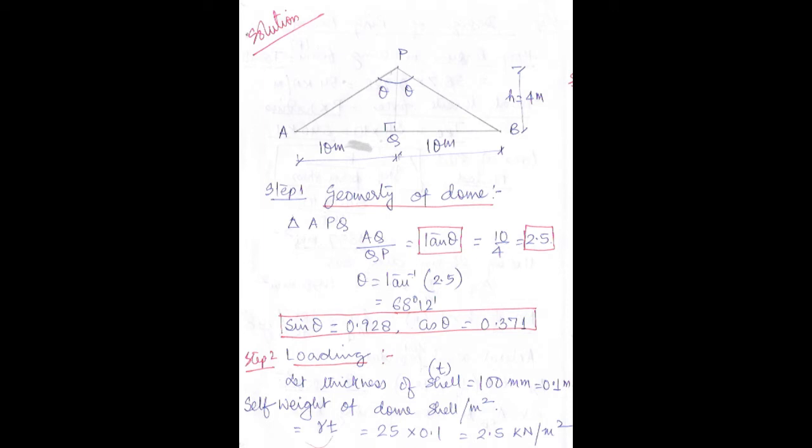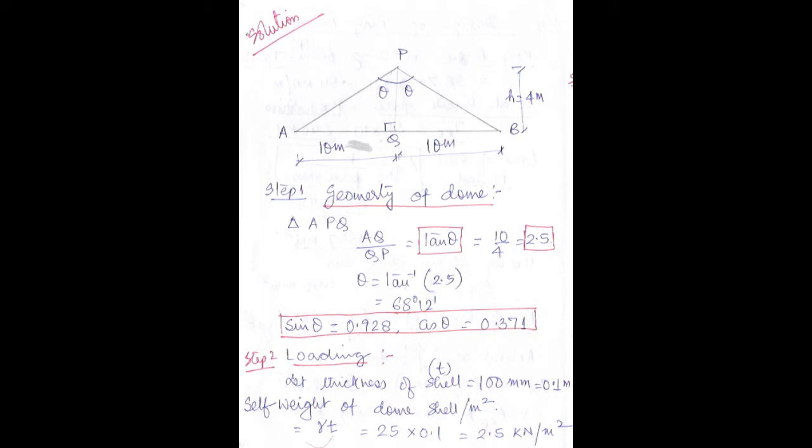Now step number 2, we have to consider the loading. As I told you earlier, let us assume the thickness of the shell is 100 millimeter. 100 millimeter divided by 1000 gives 0.1 meter. Now the self weight of the dome shell per meter square, assuming 1 meter square cross sectional area, is gamma into T. Gamma is the unit weight of concrete.